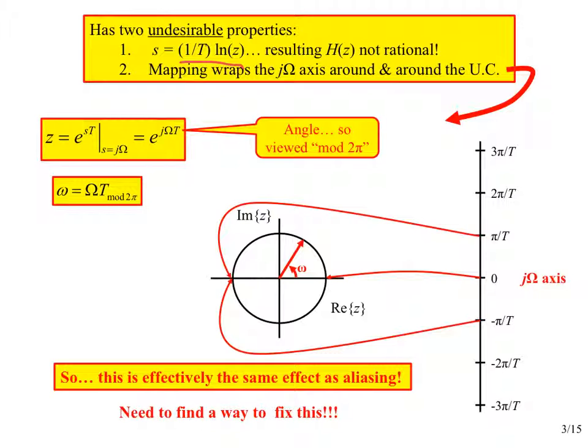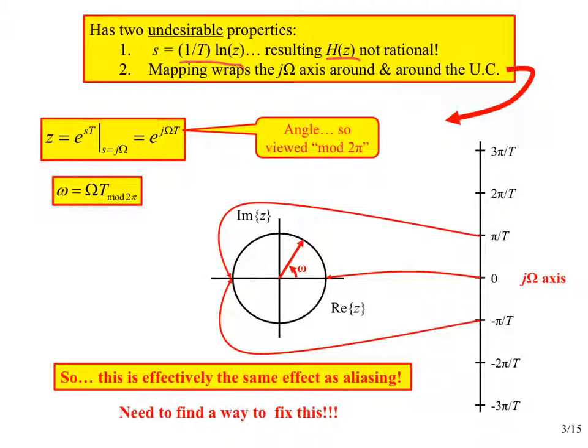We're going to have natural logs of z raised to various powers, and it's going to look ugly. And what we want is an h of z that is implementable, and so we want it to be a rational function of z.